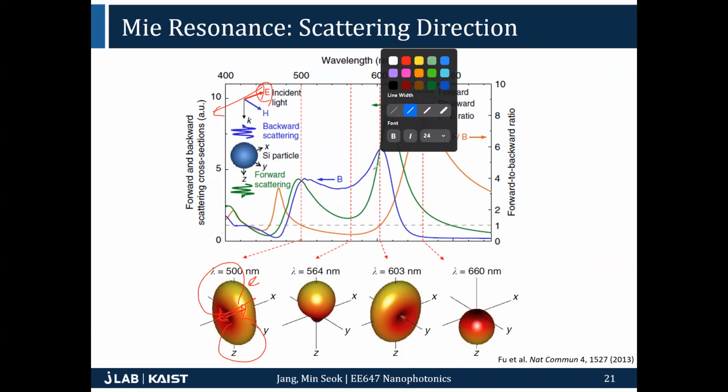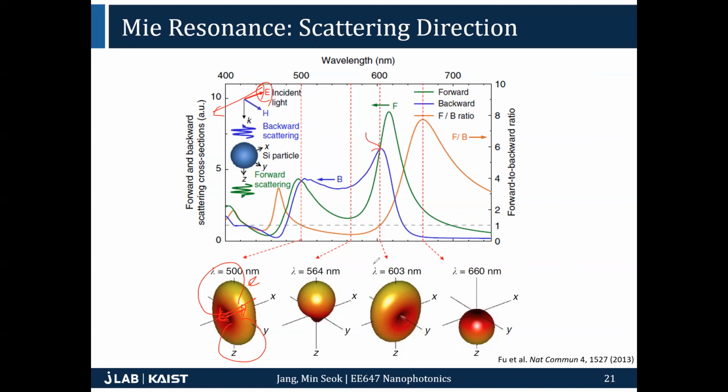With the same analogy, if you look at scattering pattern number 3, you can see the forward and backward scattering are also balanced. But in this case, this scattering pattern is due to the oscillation of a dipole along the Y direction, right?